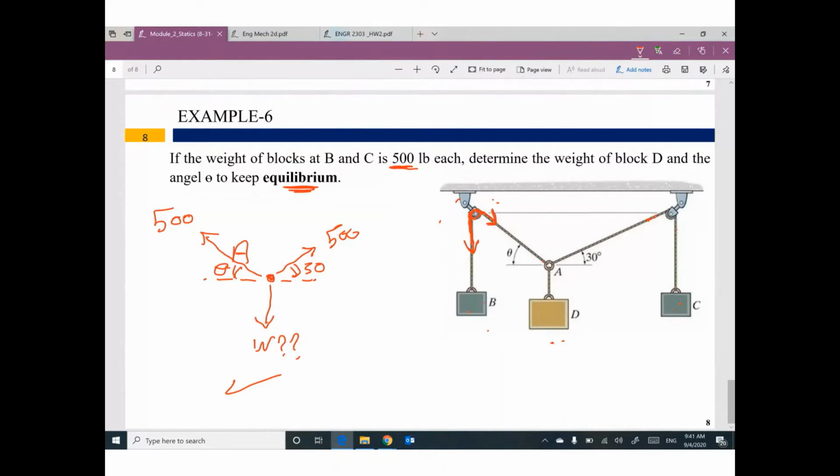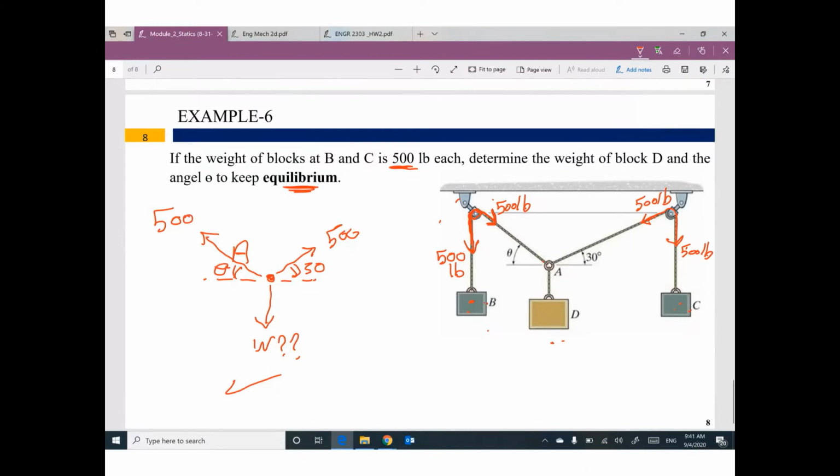The problem said we have a 500 weight at B. That means the force in this rope or cord on the other side will be 500. We can go to the other pulley. We have the weight at C equal to 500 pounds. That means the force in this cord will also be 500 pounds. This is the first concept.